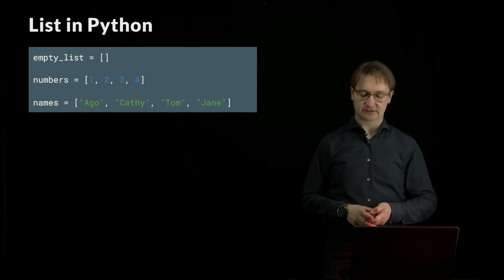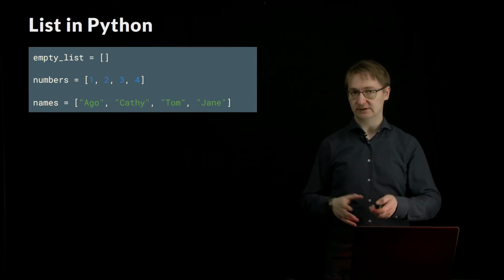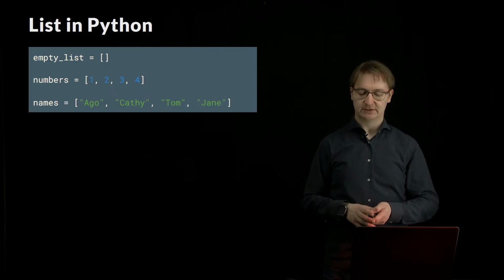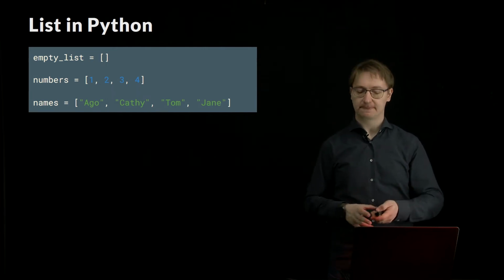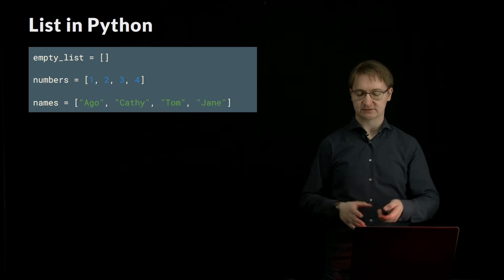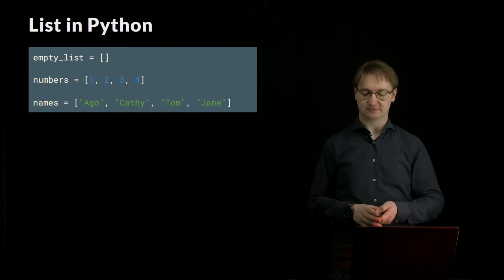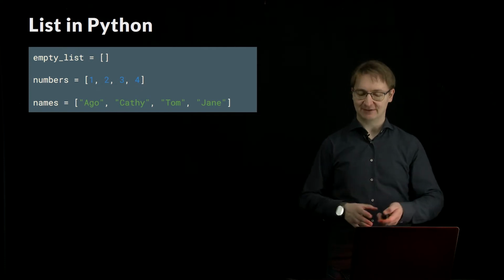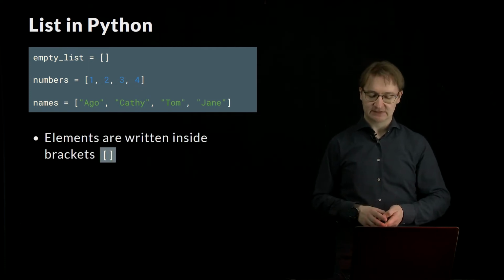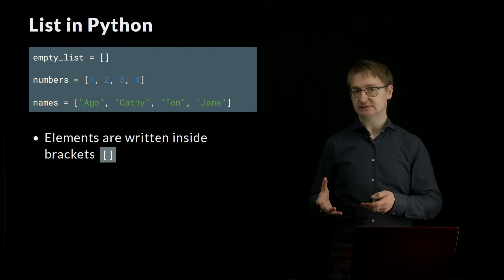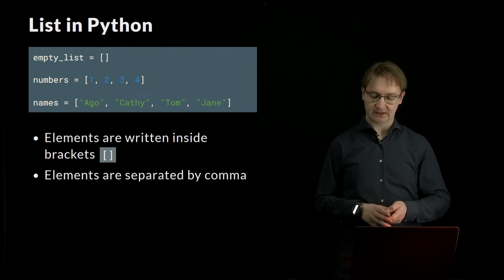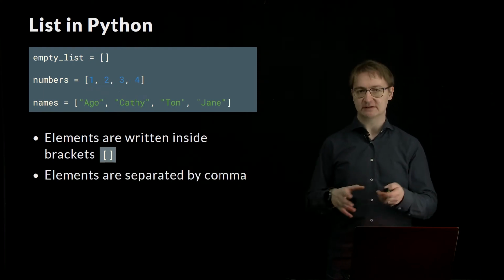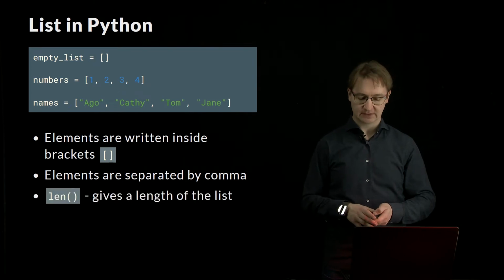Here are examples of a list of numbers and a list of names, and both lists contain 4 elements. It's just an example, you can have as many elements as you want. So elements are written inside brackets and the elements themselves are separated by comma.